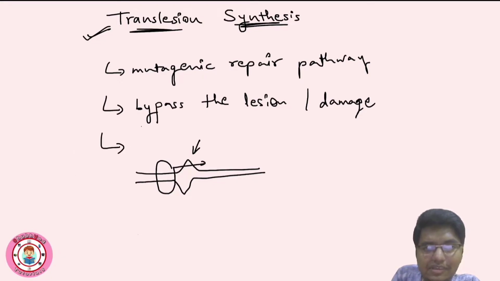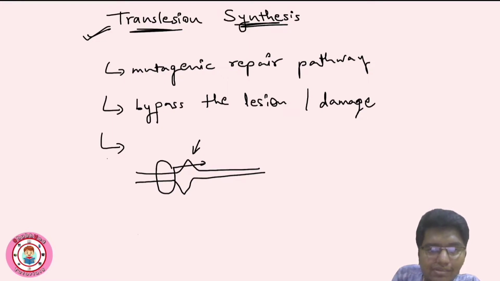So this is basically a synthesis process. We are seeing translesion synthesis, which means synthesis is taking place. In normal repair pathways, what happens? The replication fork stops. If there is a lesion or damage, that has to be repaired first, so replication is stopped. In this case, replication does not stop. Replication proceeds continuously, whether it is damage or a lesion.